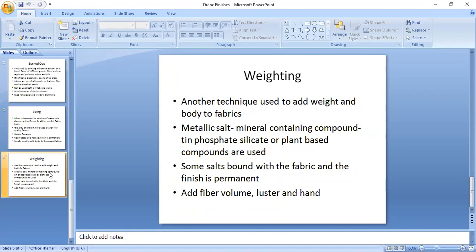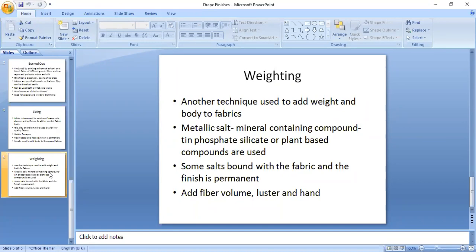Mineral weighted silk was common once, but it is rare today because weighted silks are sensitive to light damage and do not age well. With aging and storage, they become brittle and can even break at the folds.